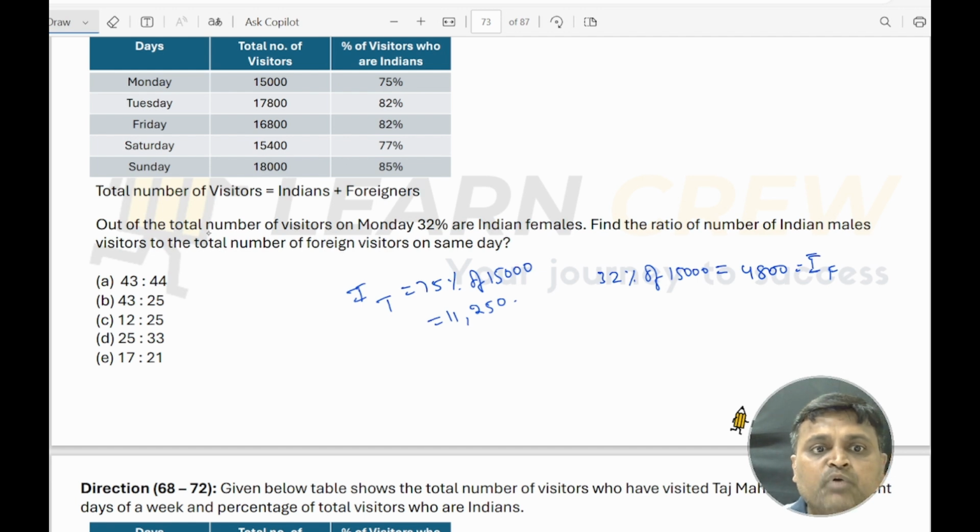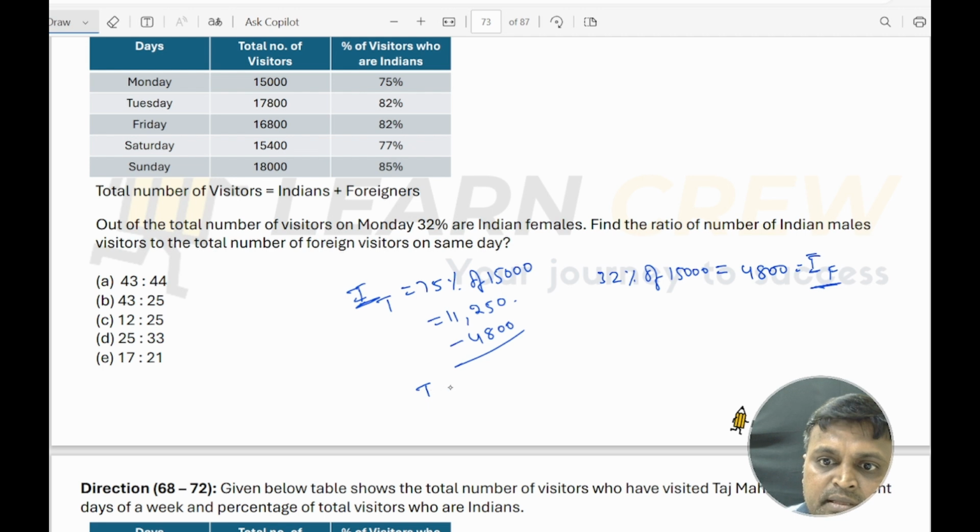Okay, and out of the total Indian visitors, 11,250, 32% are Indian females. So Indian females are 4,800. Find the ratio of the number of Indian male visitors. Total visitors are 11,250. Out of that, 4,800 are females.